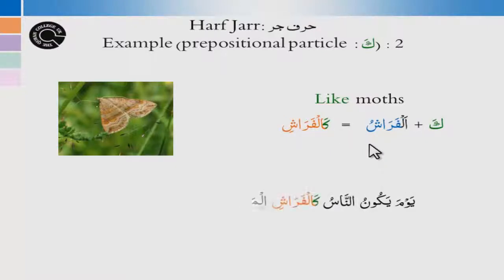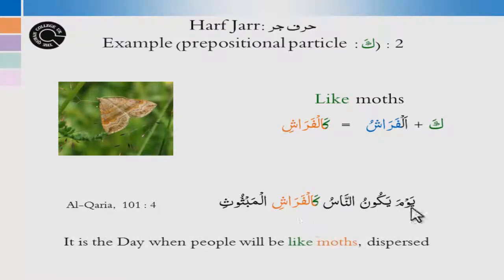And that's what is used in Surah Al-Qari'ah, chapter number 101 and verse number 4, where it says: yawma yakunu nasu kal farashil mabthuth. So that day, basically on the judgment day, the people would be like dispersed moths.